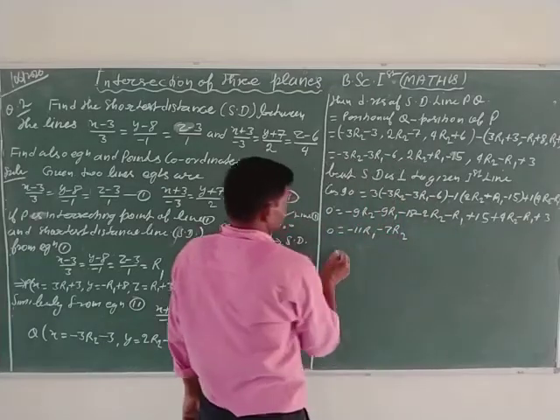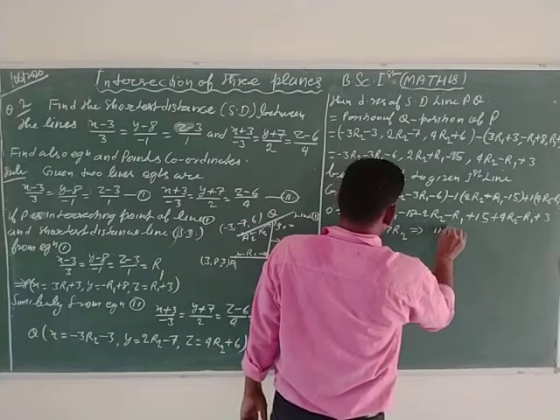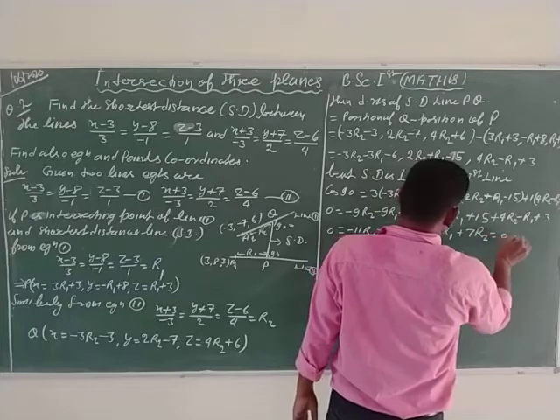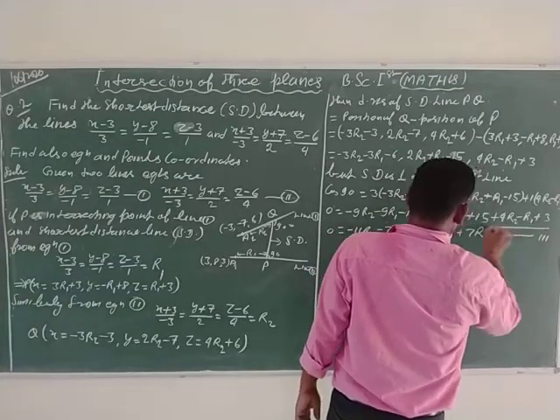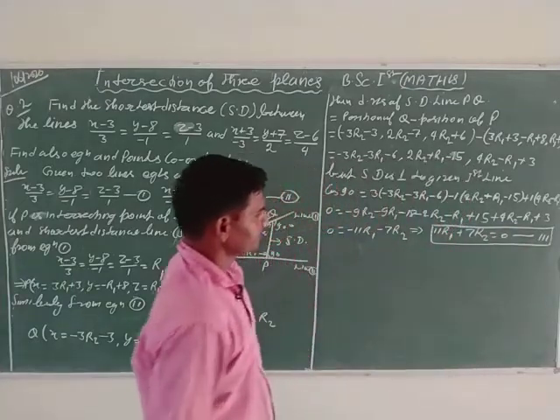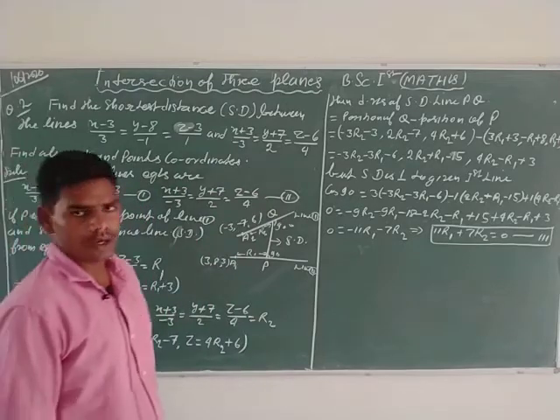So taking minus outside the bracket, we write 11 R1 plus 7 R2 is equal to 0. Suppose that is equation third. Equation third is a relation between the two unknowns R1 and R2.